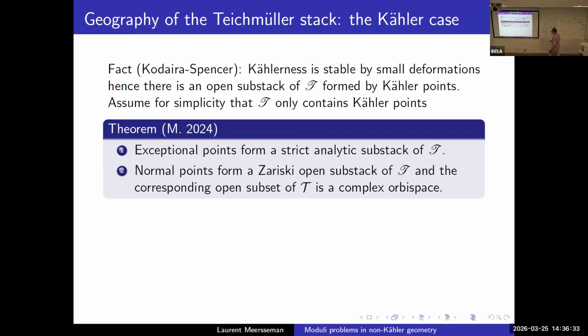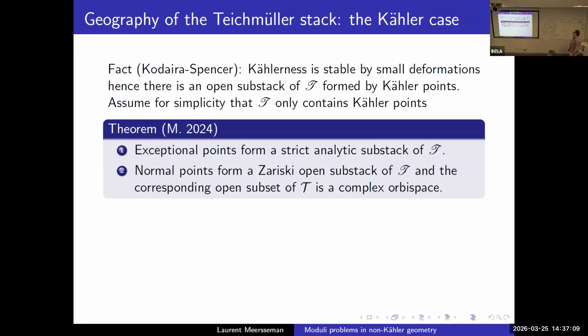Now normal points, since they are complementary to exceptional and jumping points, form a Zariski open subset of T. And if you look at the corresponding open subset of the topological Teichmüller space, then you can describe it with charts of complex Sorby spaces. By complex Sorby spaces, I just mean the quotient of an analytic space by the action of a finite group with a fixed point.